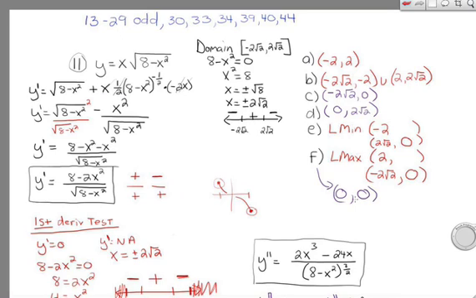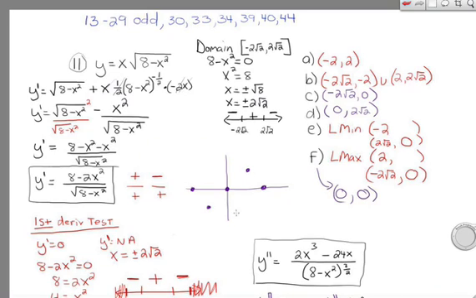So just to test ourselves, what is this graph going to look like? I know that at -2 root 2, I have 0. At positive 2 root 2, I have 0. And at 0, I have 0. I have a local minimum at -2 something. I'm just going to guess at the point. I have a local maximum at 2.